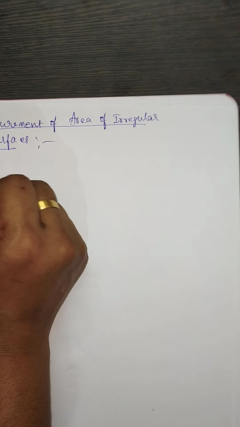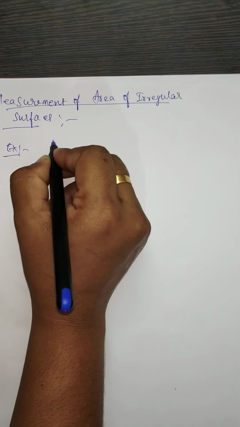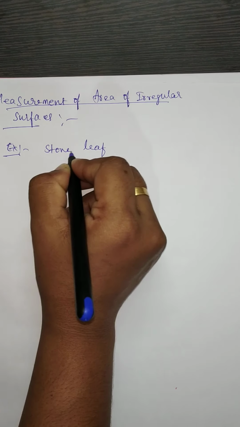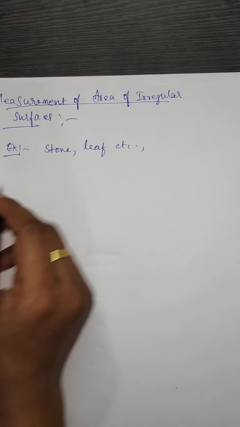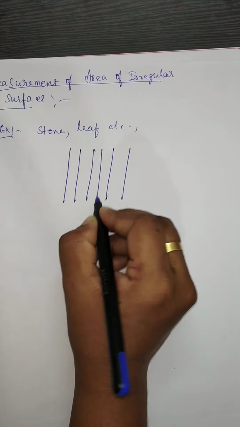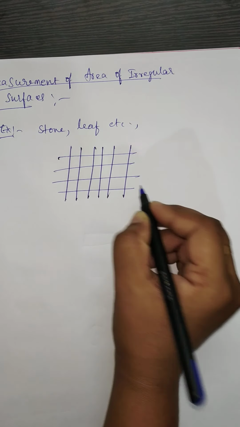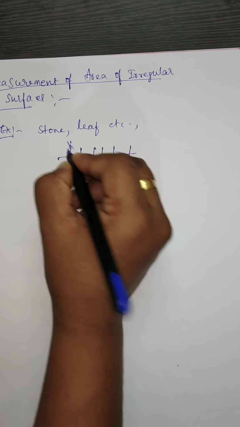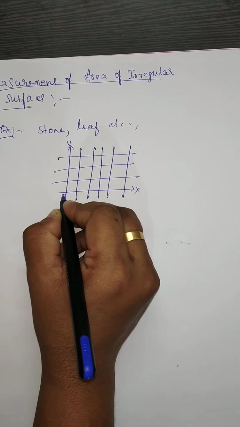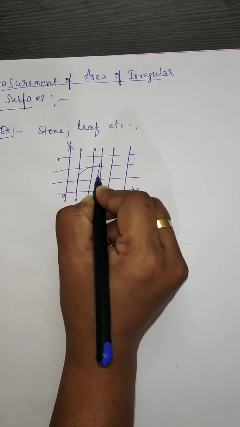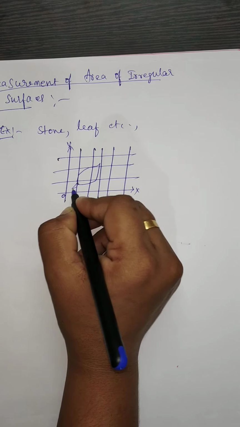Examples for irregular surfaces are stone, leaf, etc. See, by using a graph sheet, we used to measure the area of the leaves by considering the y-axis, the x-axis, and the origin. We used to measure the area of the irregular surface like this.